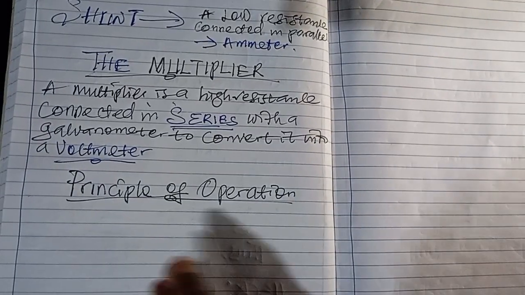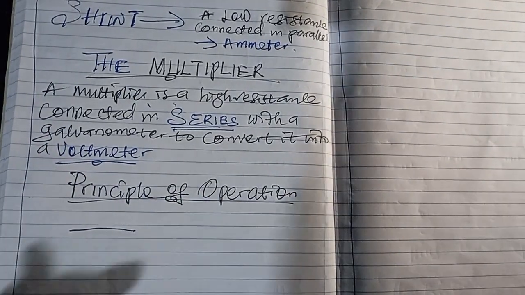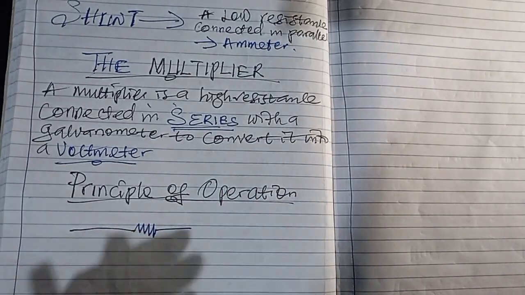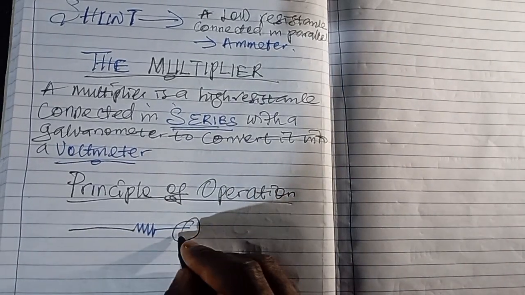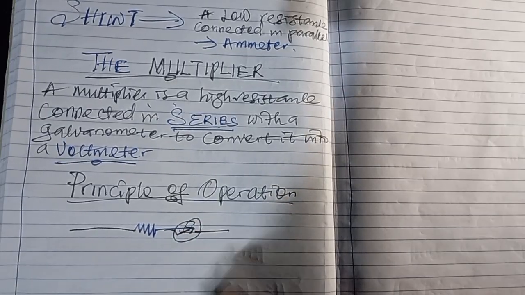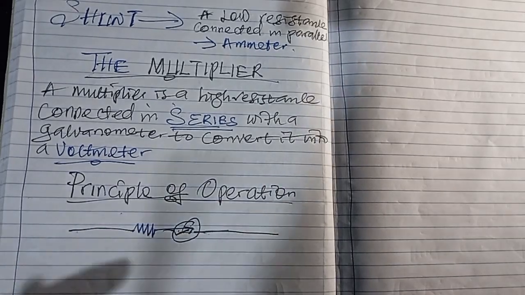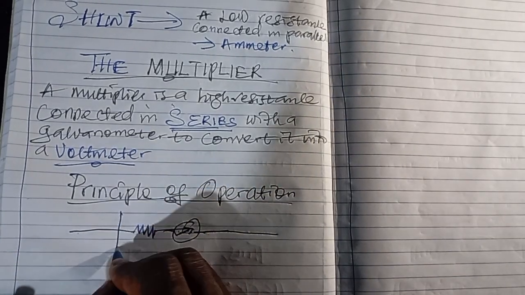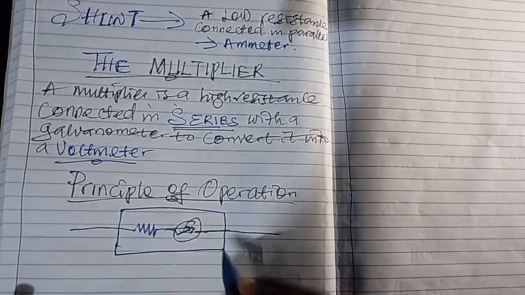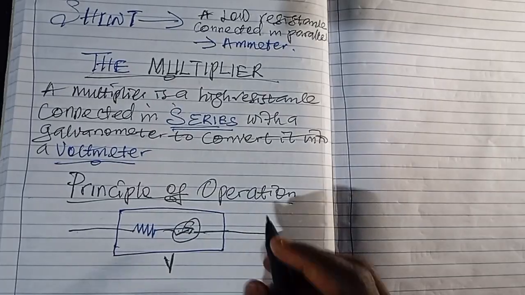Okay, let's consider this circuit. Let's say we have something like this. This is our voltmeter.